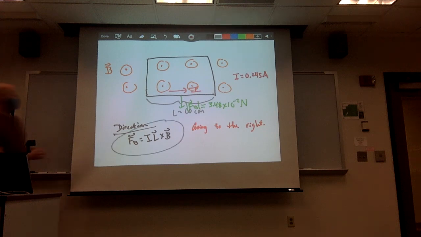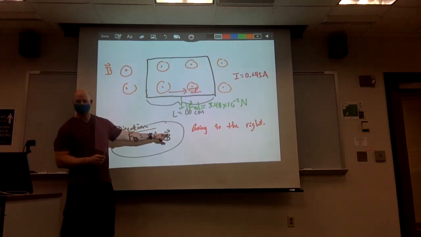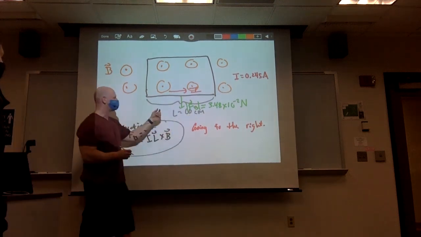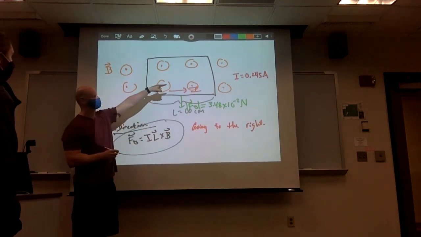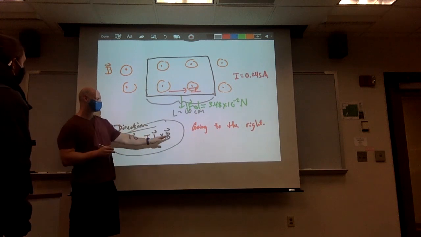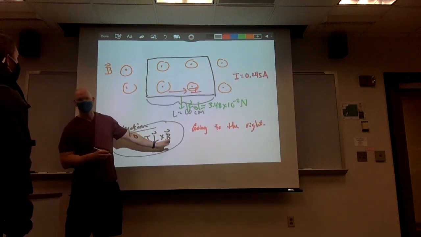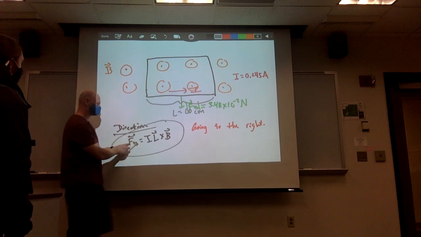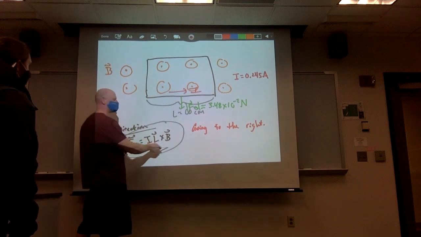We have that FB is equal to IL cross B. In this case, we knew what FB was, we knew what the length was, and we also knew the magnitude of the current. So we know everything except for B. We were solving a little bit backwards: we knew this, this, this, and this, and wanted to find this.